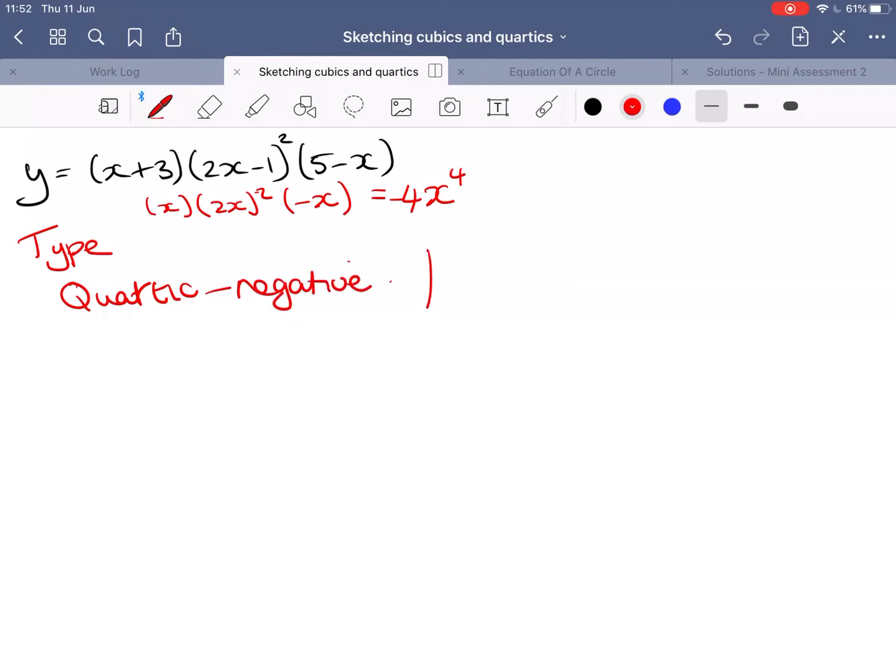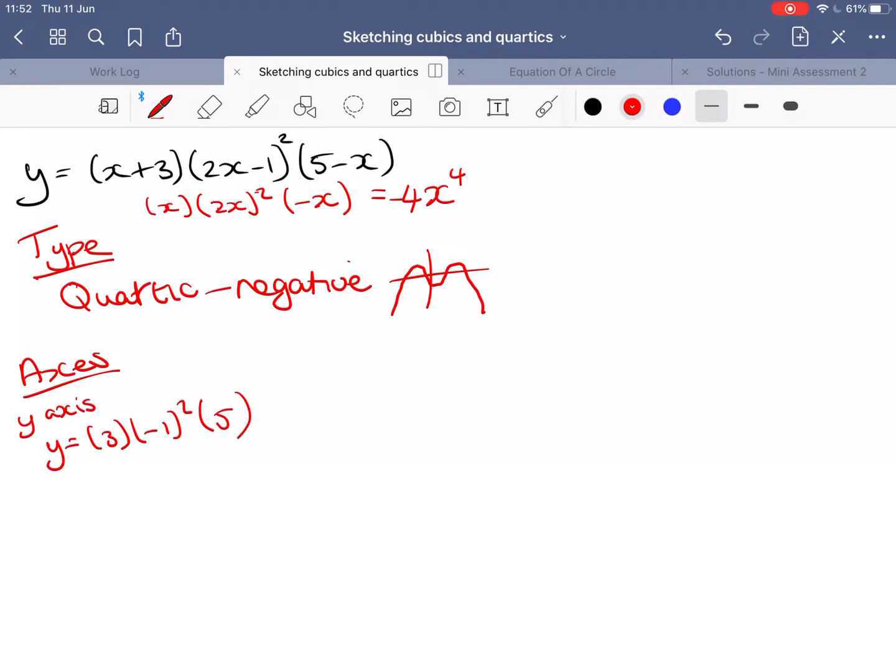So let's do my tiny sketch. That's going to start in the bottom left and go to the bottom right. So it's going to look like that. Right, axes. Because we do the type, then we do the axes. So let's do crossing the y-axis. We set our x to be 0. So y is going to be 3 times minus 1 squared times 5.